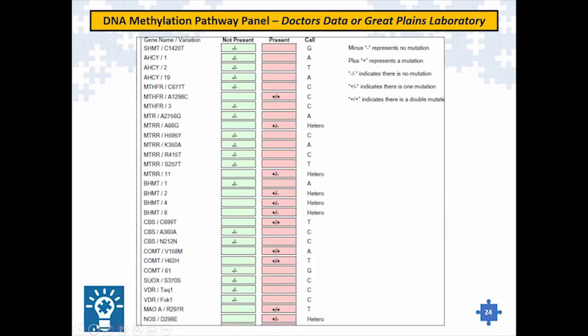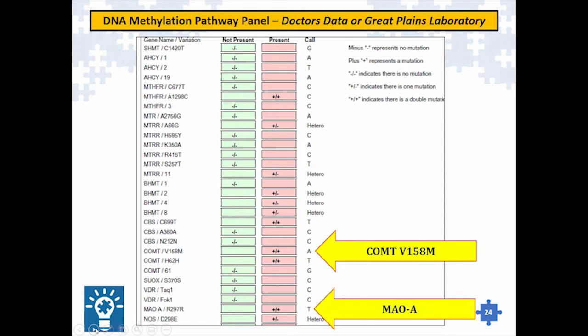Great Plains actually has a DNA methylation panel. Doctors Data carries a similar profile as well. And this is where you start layering in the genetics on top of the information that the organic acid test provides, which is something that we will get to with certain markers within the advanced OAT mastery course.